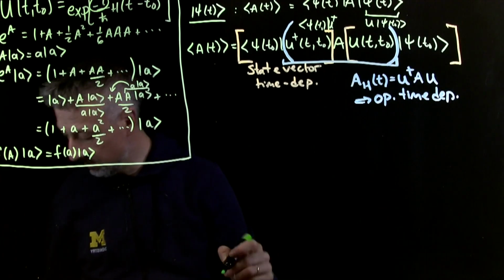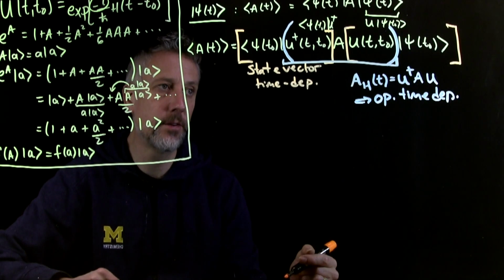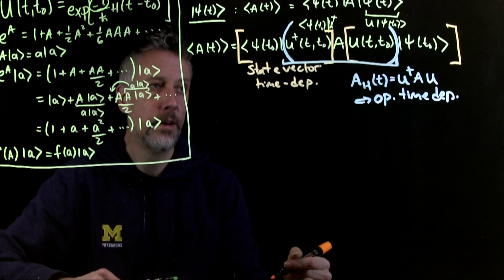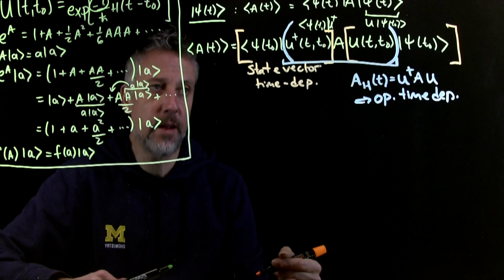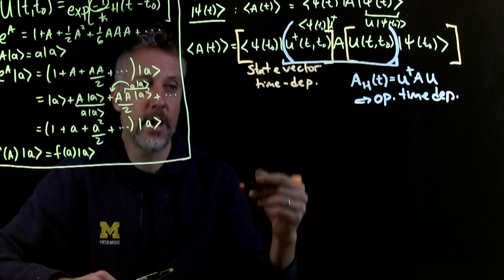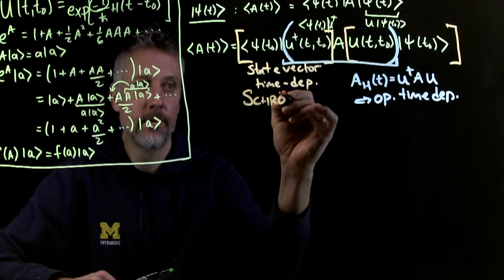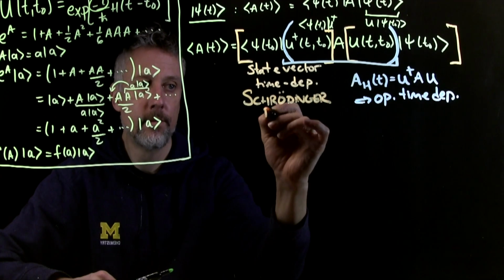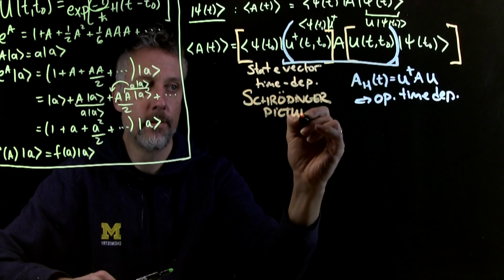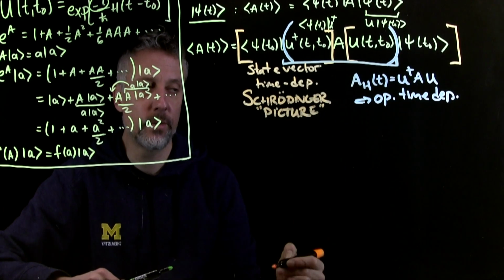Now, I honestly don't remember from reading the fundamental stuff, like the historical development of this. But the case where the state vectors are time dependent and the operators are not is called the Schrödinger picture. The word picture is sort of peculiar, but that's what we use here.